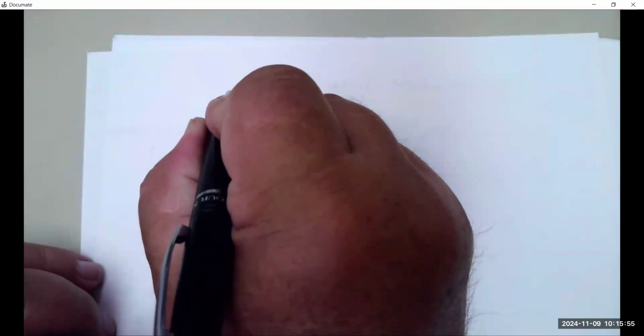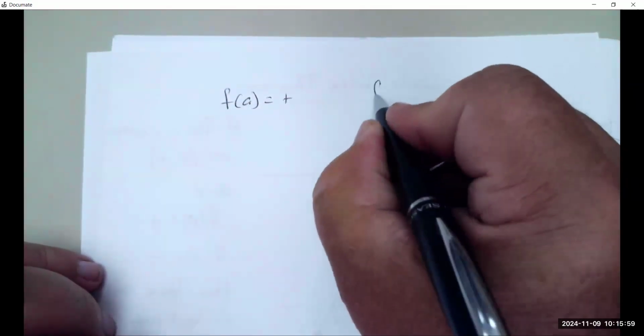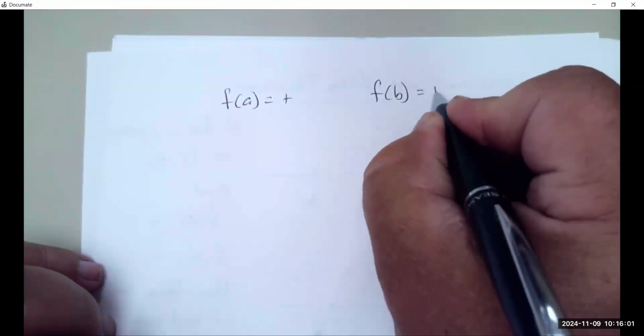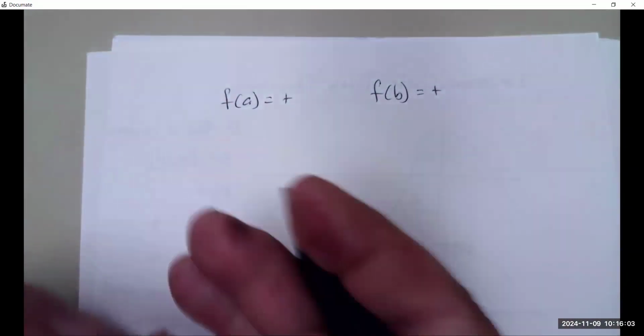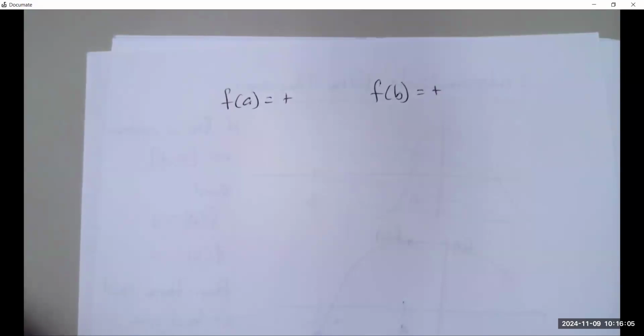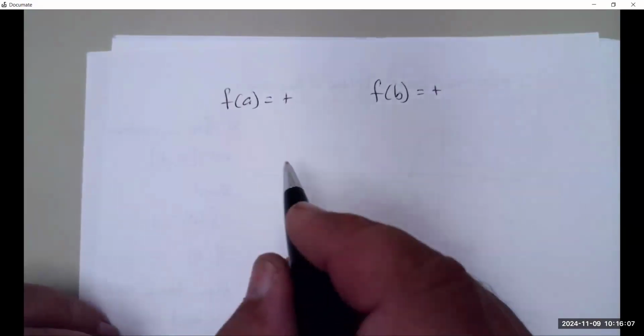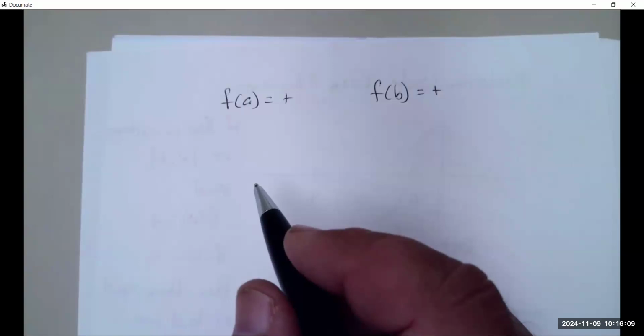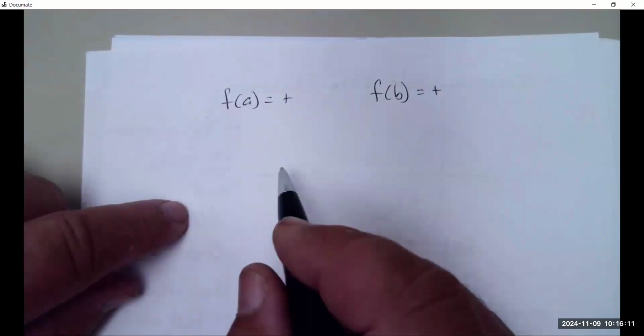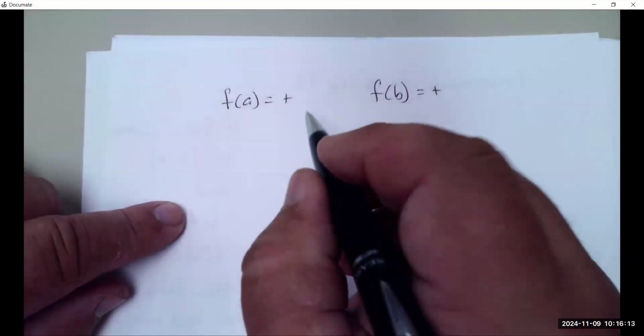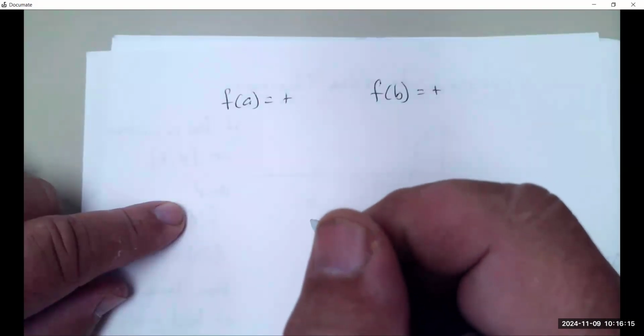If we had, like you said, f of A positive and f of B positive, then we can't say anything about that. But it doesn't say there is no x-intercept. It's just that we cannot use the intermediate value theorem to say that there is for sure.